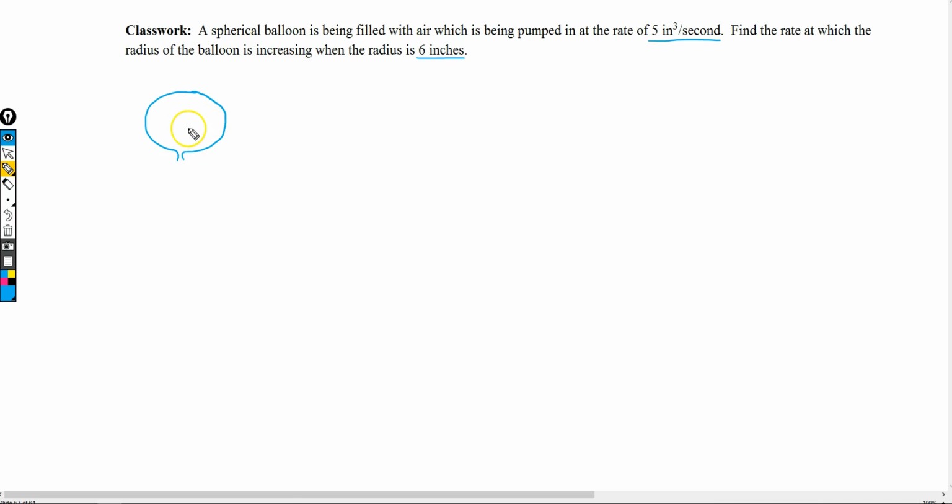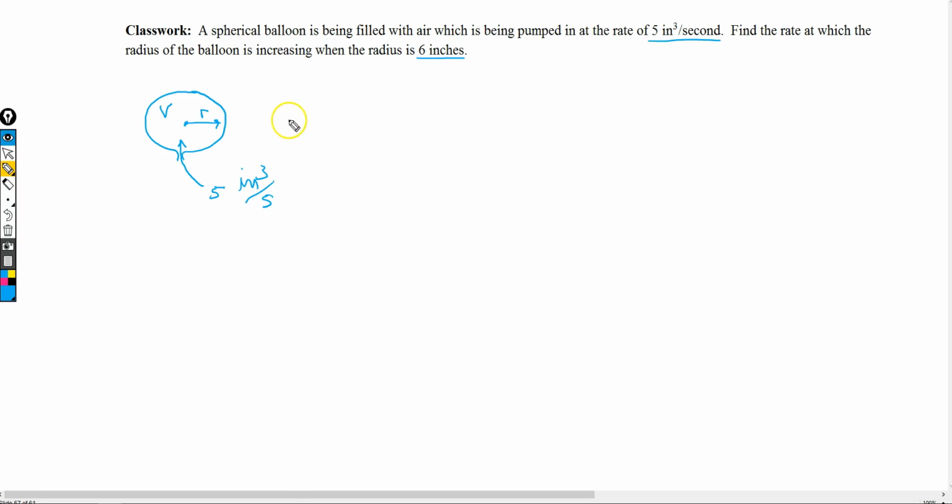It's supposed to be a spherical balloon, but looks a little more like an oval, but it has a radius r, and it has a certain volume of air that's inside of it. Air is being pumped in at the rate of 5 cubic inches per second. All right, so there is our graphic.